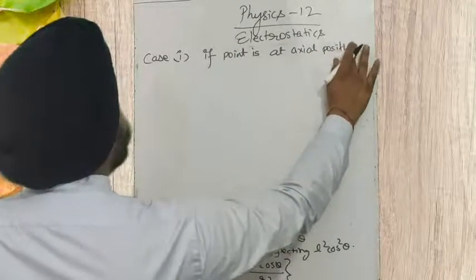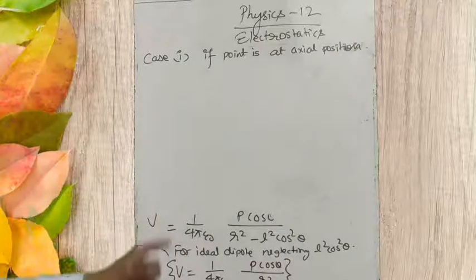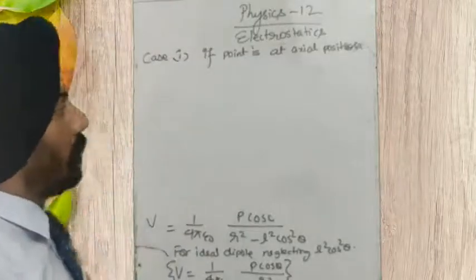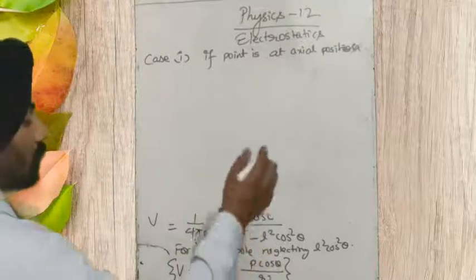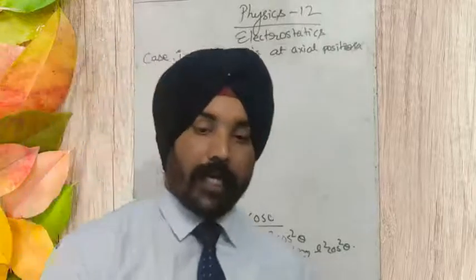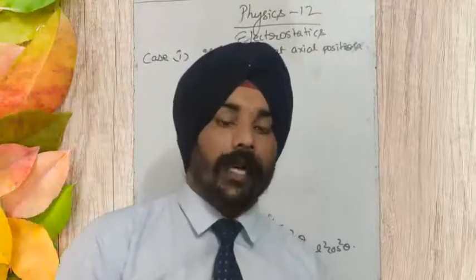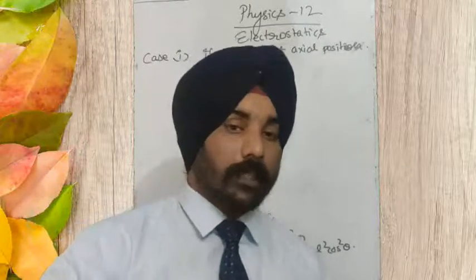Theta is the angle between the line joining the center of the dipole with that point and the line joining the two charges.